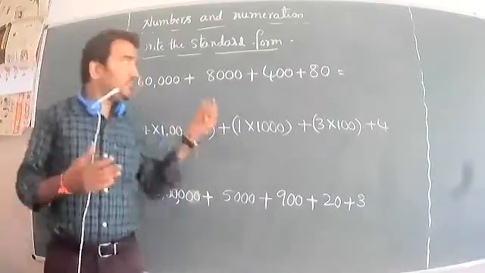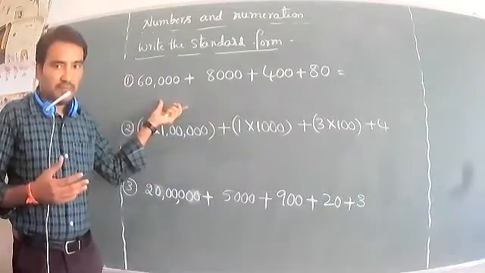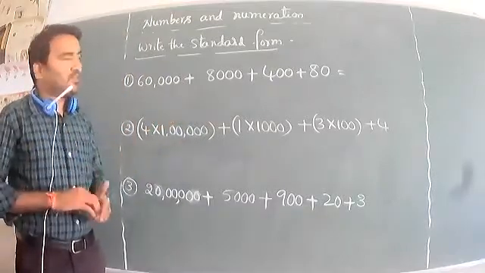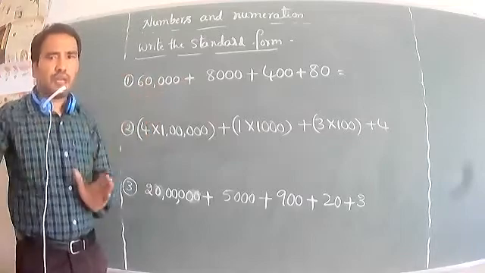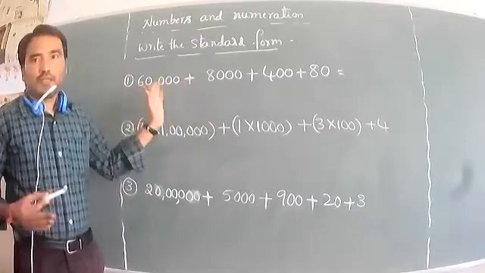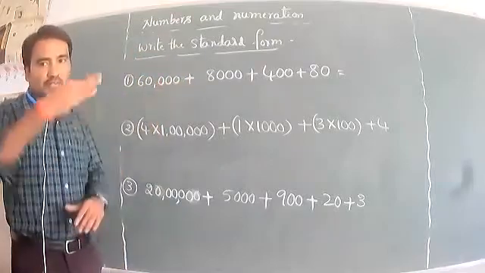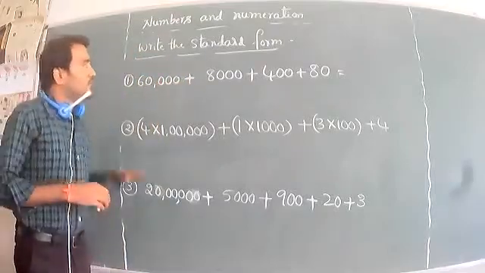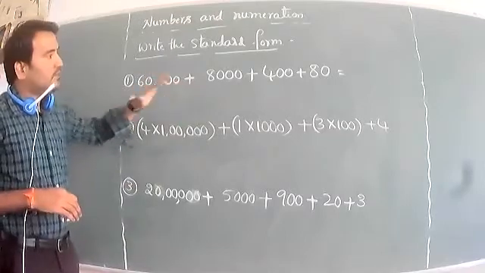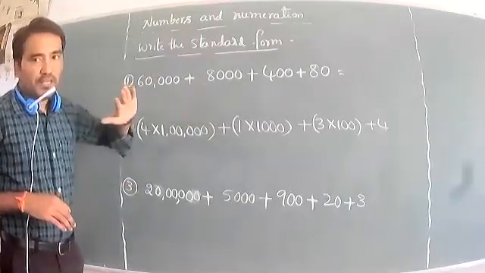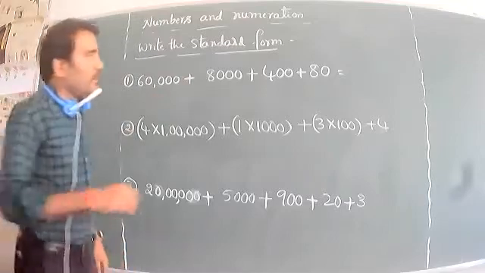Standard form means using the expanded form, we write the short form. Short form means one complete number. Now the expanded form is there, so write the short form. Here the place value chart has to be written, then we can find the short form.